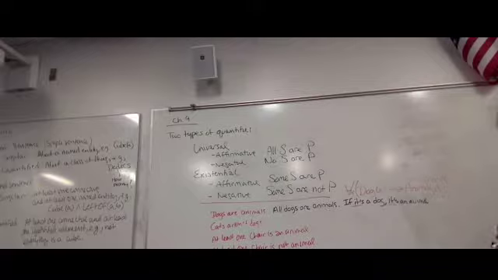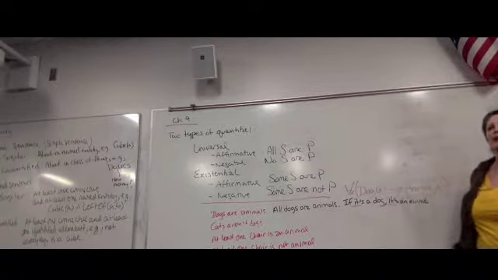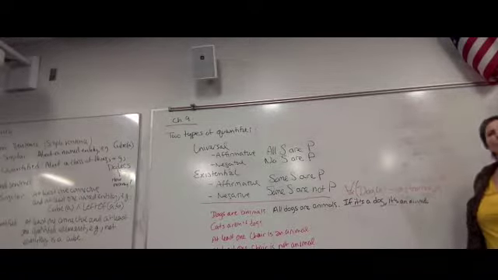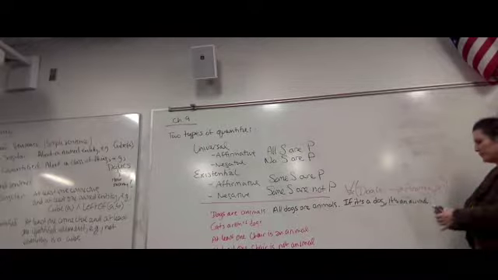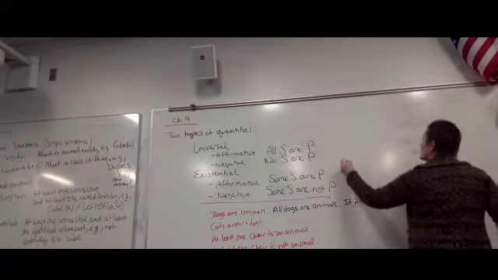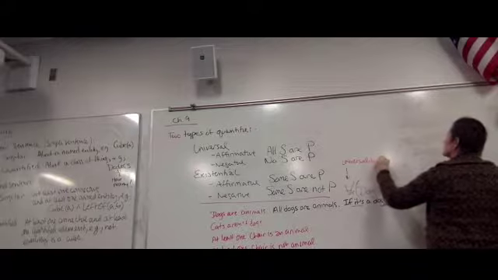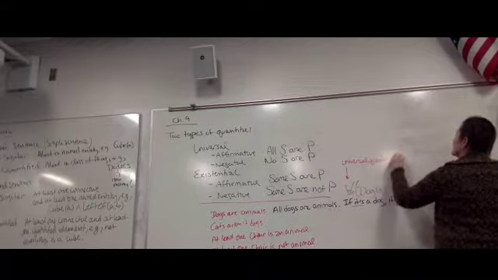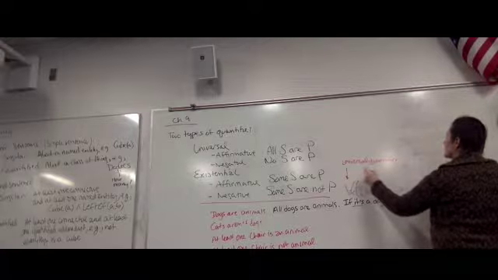So, our symbolic logic notation for the universal quantifier is an upside down A. So, here is our universal quantifier, right? Here is our predicate.